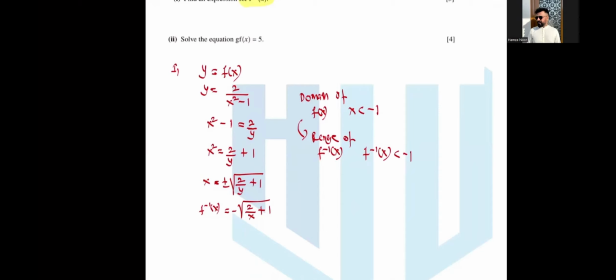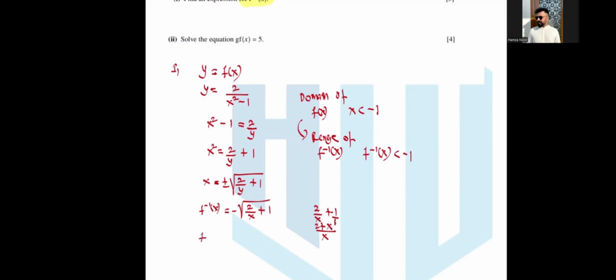So therefore you can say that f inverse x is equal to minus the square root of 2 over x plus 1. You can leave your answer in this form as well, or you can simply express this 2 over x plus 1 as a single fraction by taking the LCM. So this will become 2 plus x completely over x.